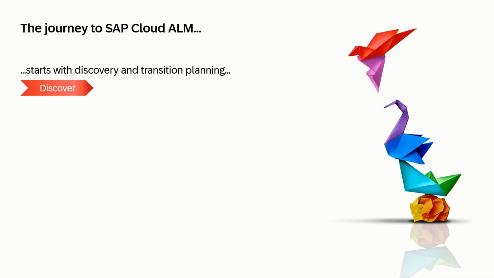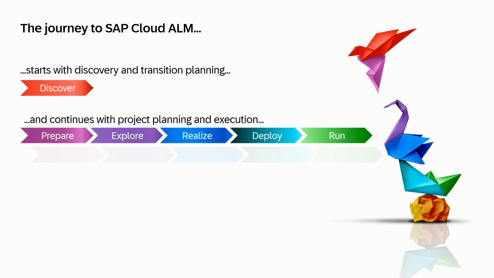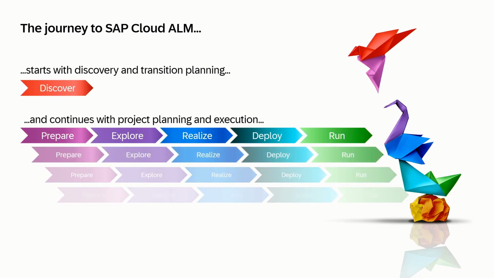What you are doing here is you discover the product, you understand the product, and you do a kind of transition planning to SAP Cloud ALM. That's also the first phase in the Activate methodology. And then in the next steps, it goes over into projects.